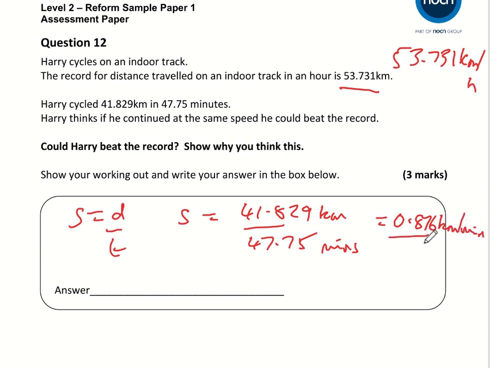So if in 1 minute Harry does 0.876 kilometres, then in 1 hour he'll do 0.876 times by 60, and 0.876 times 60 is 52.56 kilometres per hour. So that is a lower average speed than for the world record. So could Harry beat the record? Unfortunately, the answer is no.